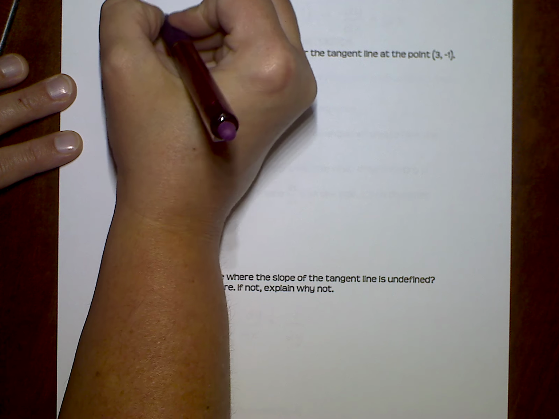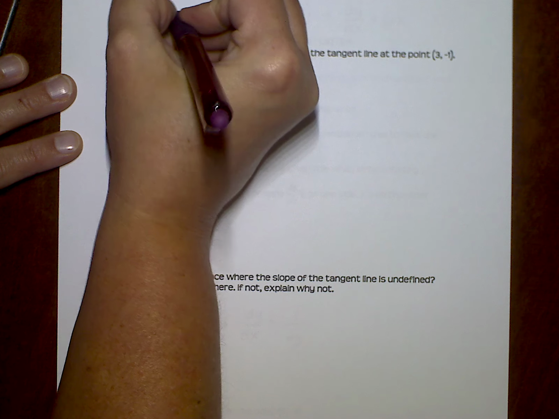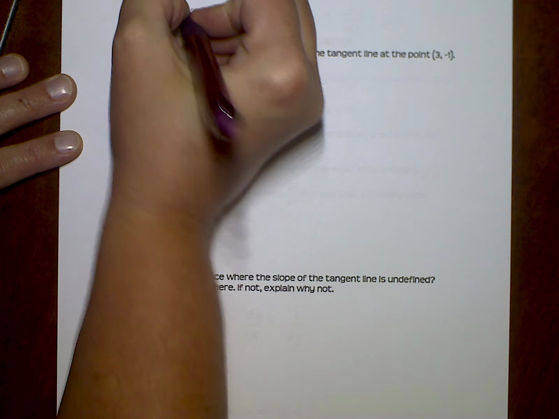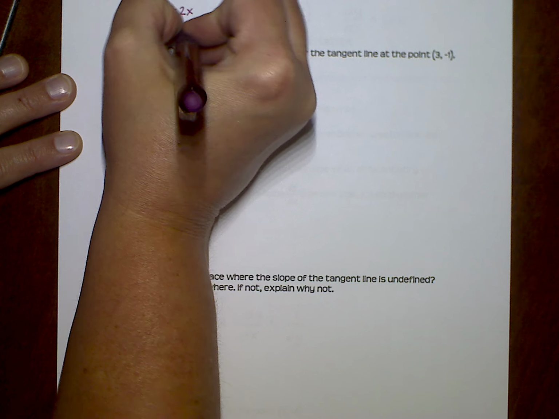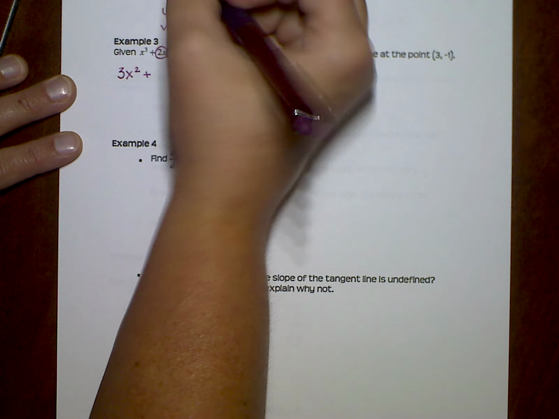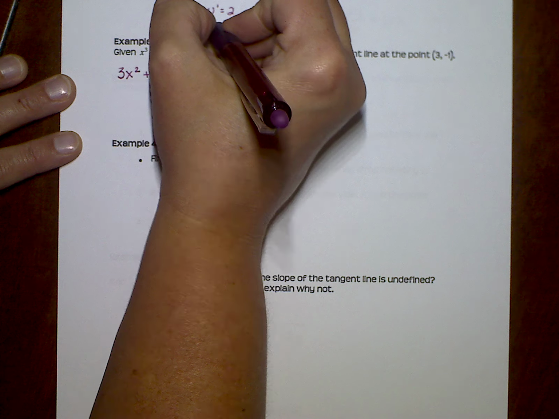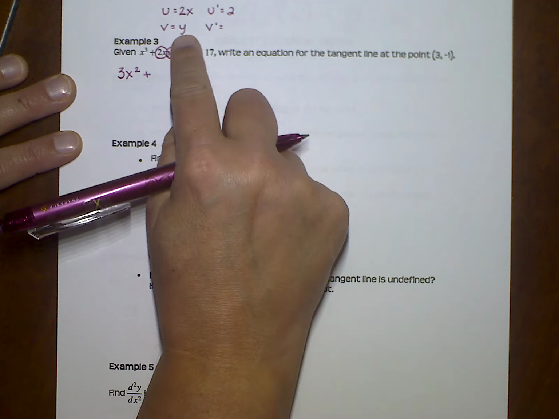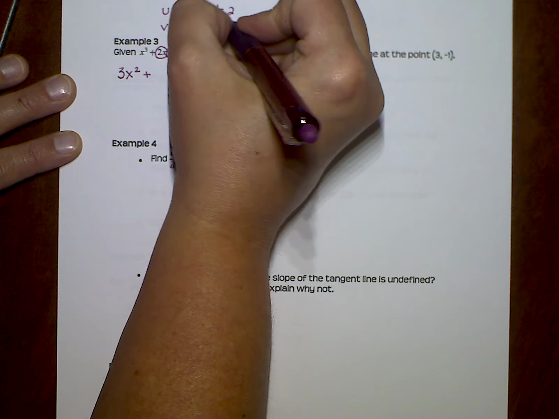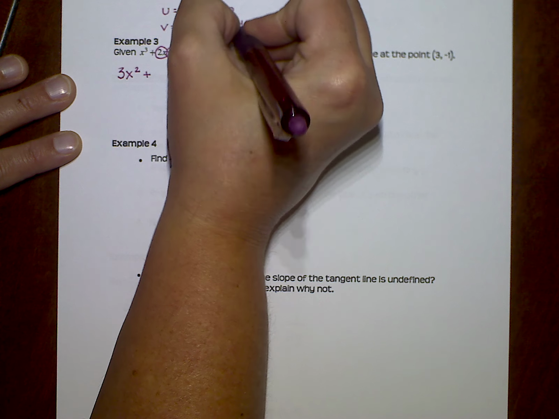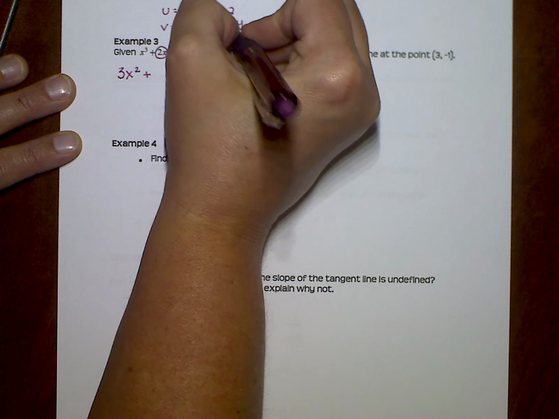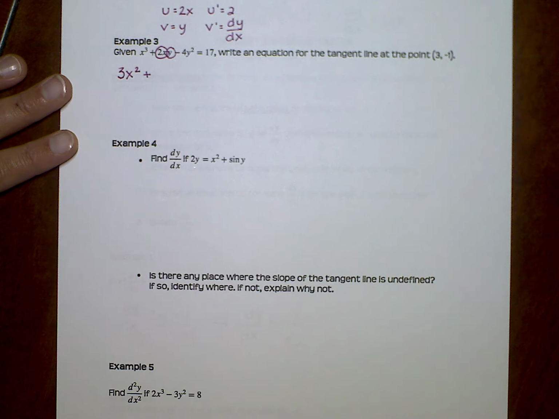So I'm going to say that u is equal to 2x and v is equal to y. So u prime is 2 and v prime is, well, the derivative of y is dy/dx. Technically we could say it's dy/dx times 1, but we don't really need the 1 there.